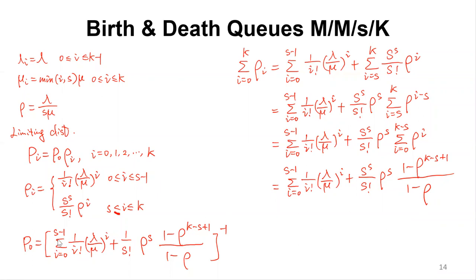So P0 equals 1 over the summation from 0 to K of rho_i. So this equals this inverse. Once you get P0, you get all the π_i. Okay.